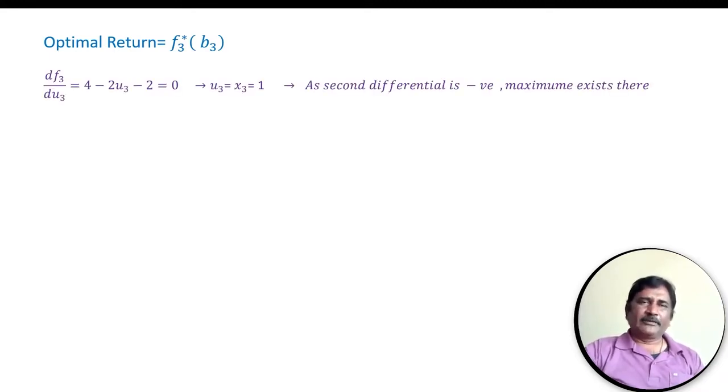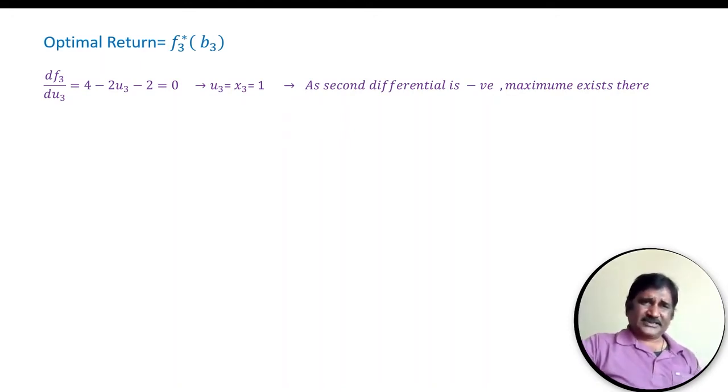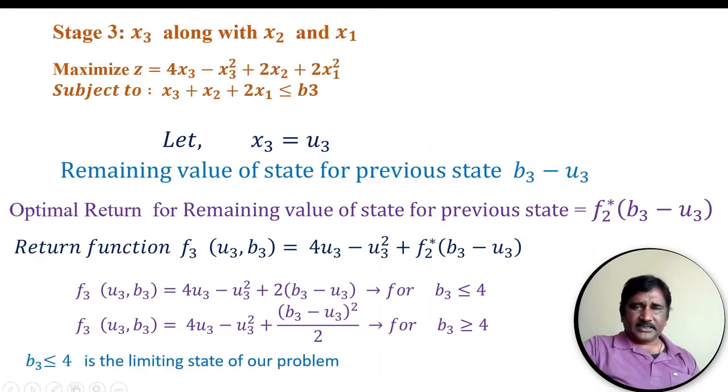Because we are used to differentiating, we will be using the differentiation approach. We will be differentiating f3 with respect to u3. If I differentiate this, it will be 4 minus 2 u3 minus 2, okay, minus 2 will come.